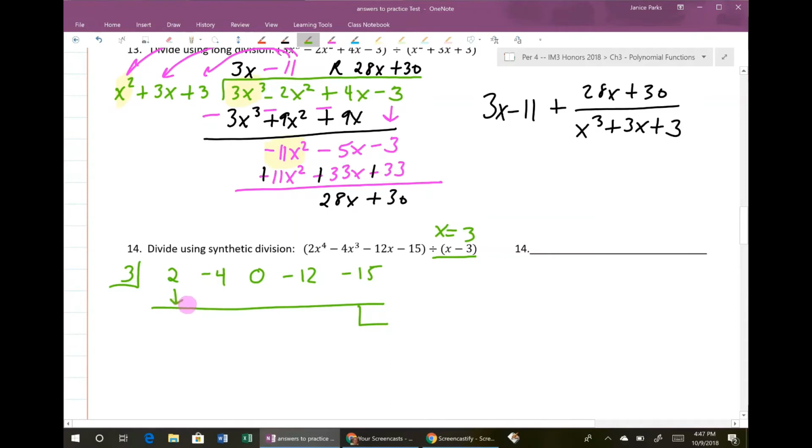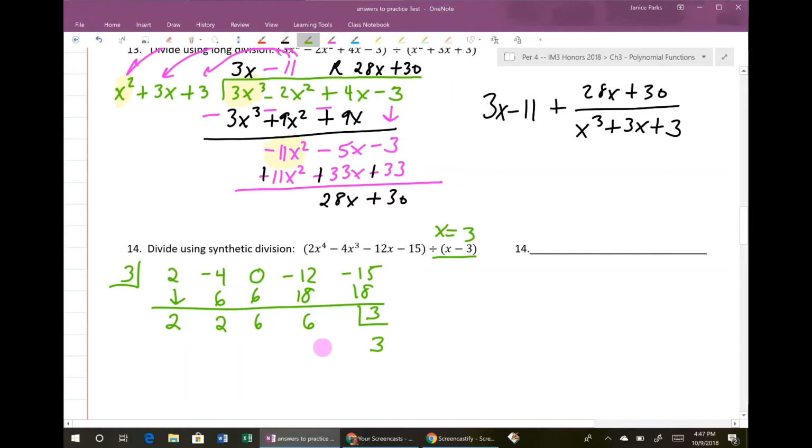So we bring this down, that's 2, multiply by 3, that gives us 6, add 0 and 6, multiply by 3, that gives us 18, that gives you a 3.